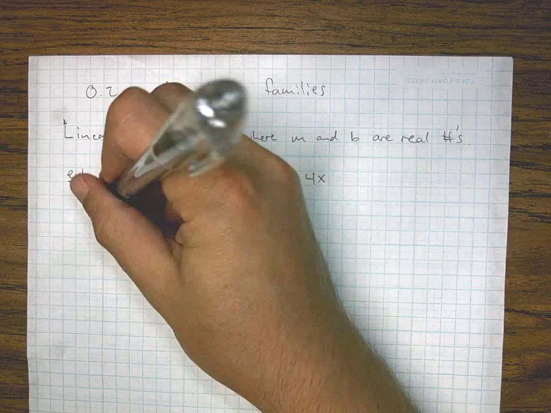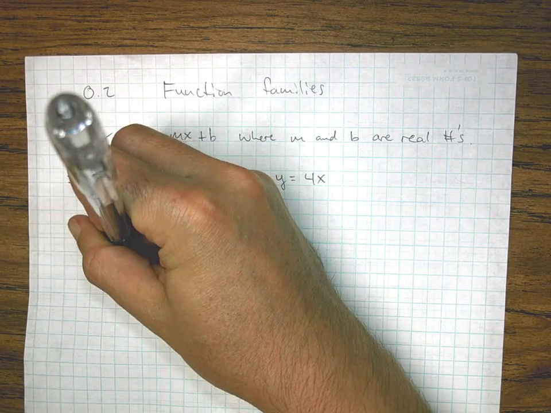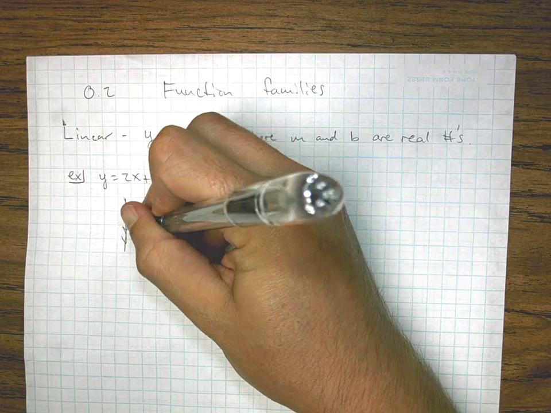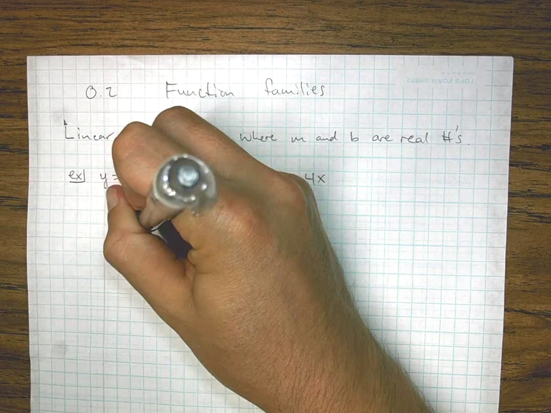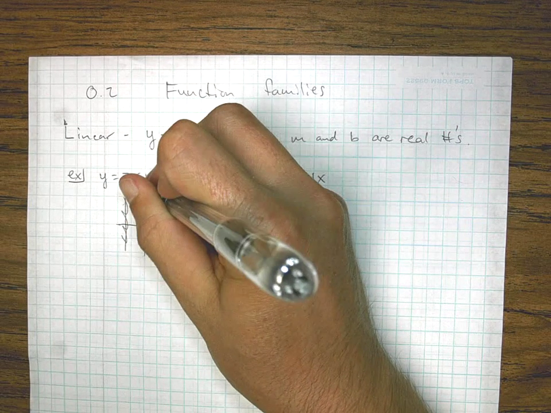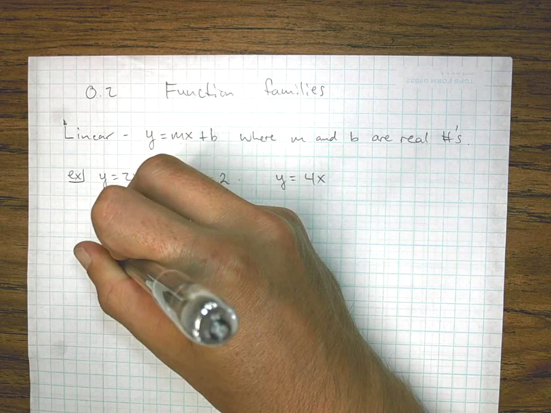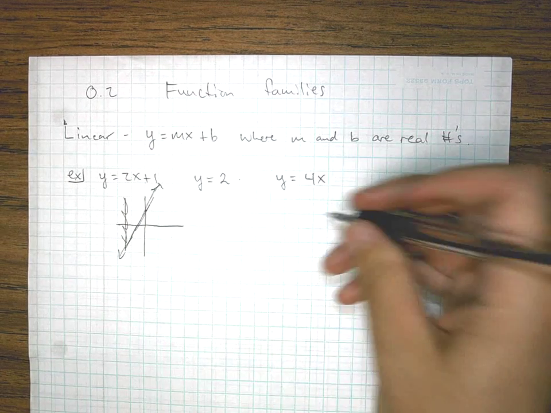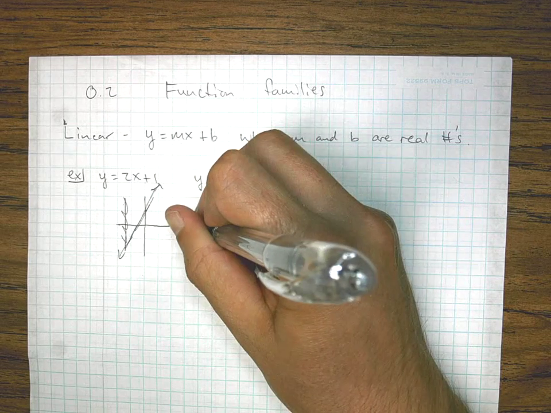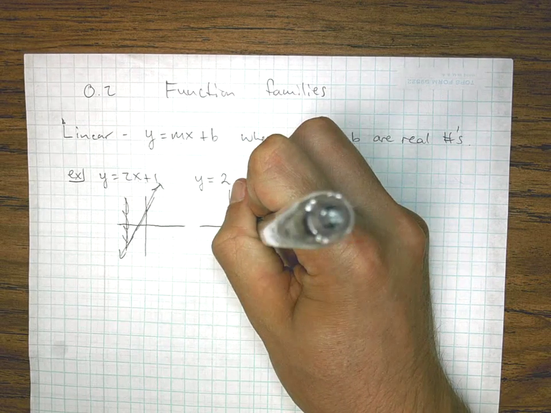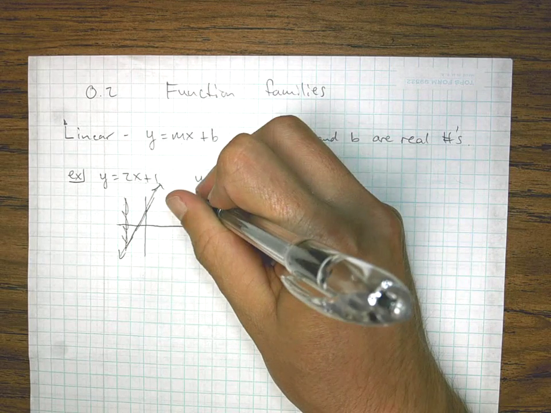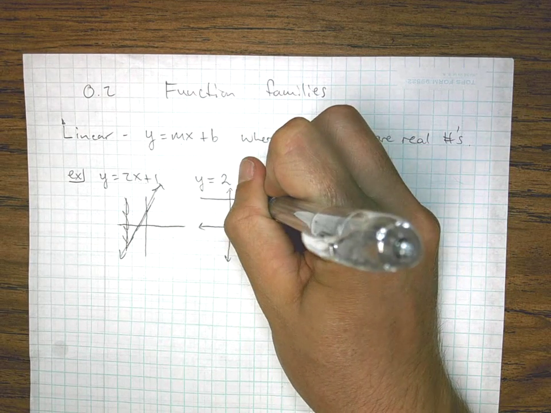So this first function is a function that looks like this. Whoops, let me line it up a little bit better. So it starts at positive 1 and goes up 2 over 1, and it's a straight line. Y equals 2, on the other hand, is always going to be at 2.